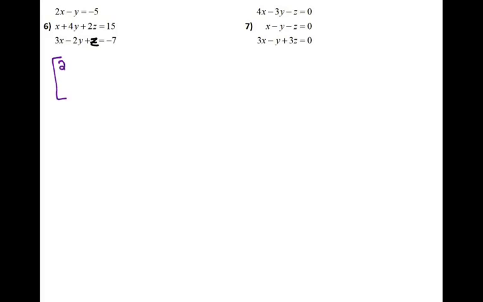But I have 2, -1, 0 because I don't have a z, -5, 1, 4, 2, 15, 3, -2, 1, and -7. Let's put that into the calculator. This one is a 3 by 4.